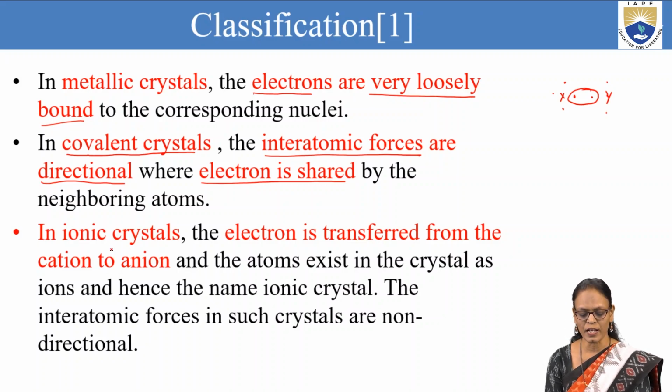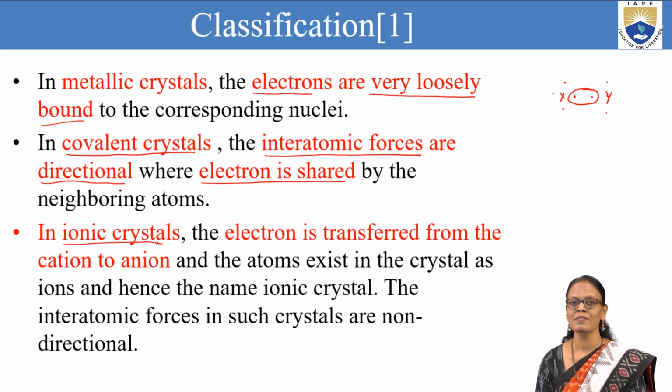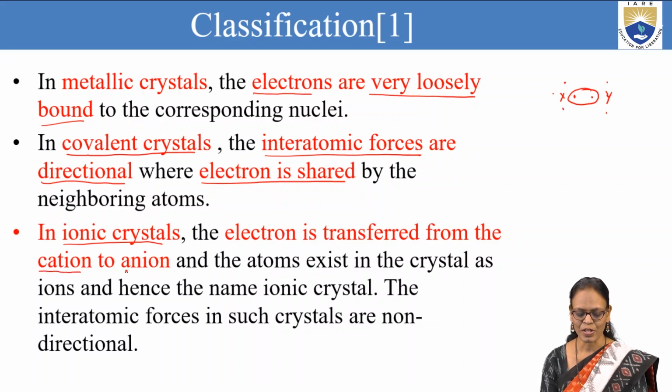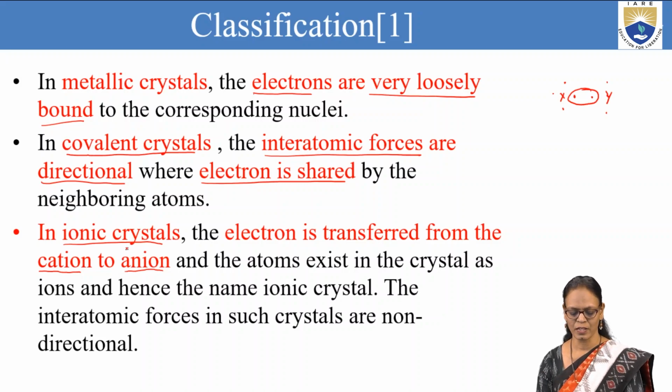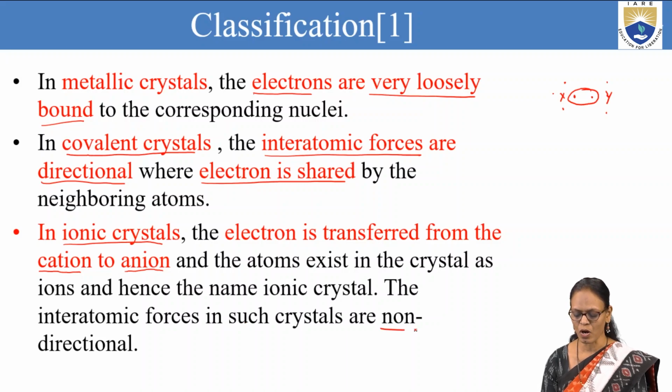The third one is ionic crystal. So, in an ionic crystal, the electrons are transferred from cation to anion. The cation is positively charged and the anion is negatively charged. So, what happens here is there is transfer of electrons from cation to anion. Then we call them ionic crystals. And the interatomic forces in these types of ionic crystals are non-directional.